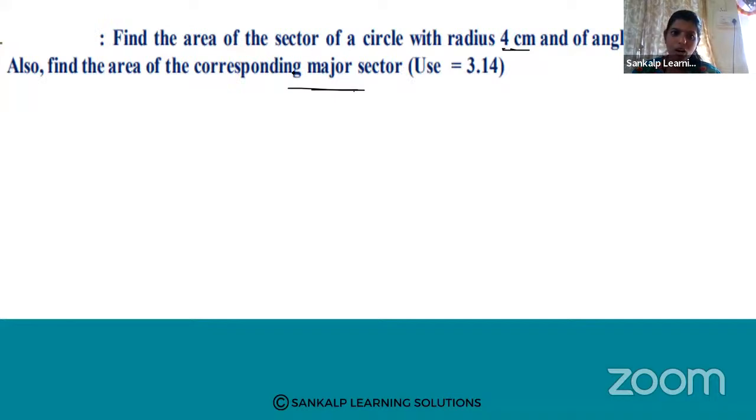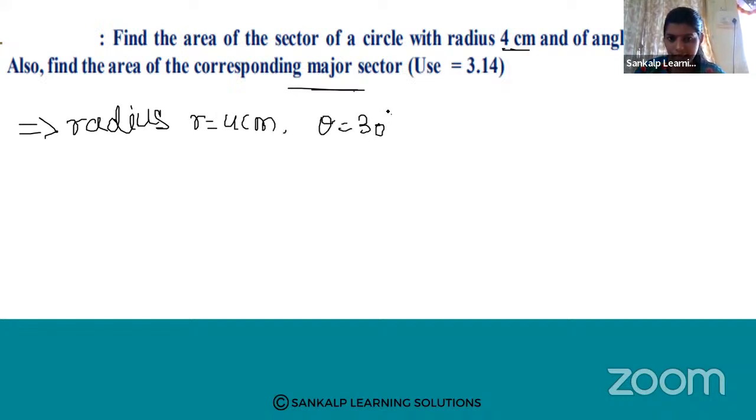How are you going to find the area of the sector? See here, radius they have given, that is R equal to 4 centimeter and angle theta is 30 degree.